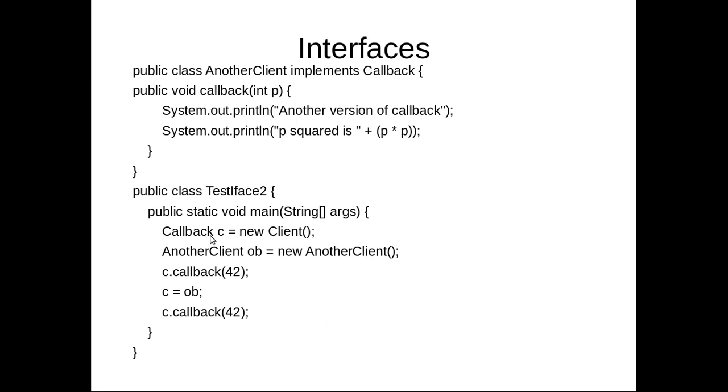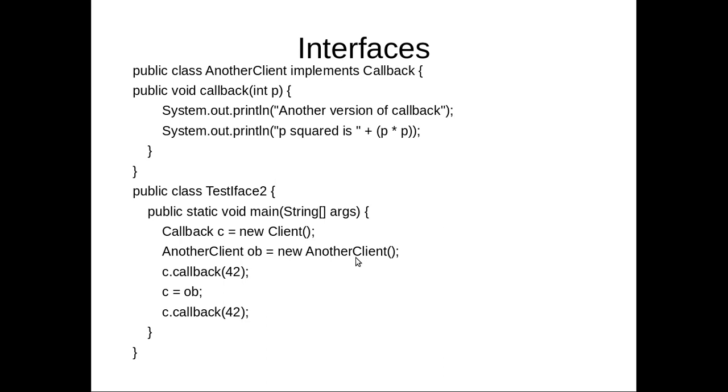That means now you have a Callback interface and two clients, Client and AnotherClient, two subclasses implementing your callback procedure. Now this callback is an interface reference, and that is pointed to Client, and another object you have created which is of type AnotherClient. Now you have two clients which have implemented the callback procedure.